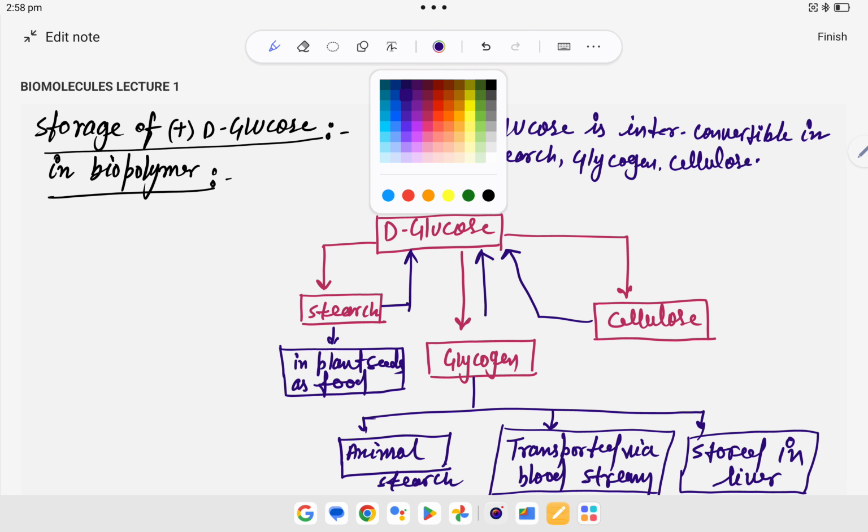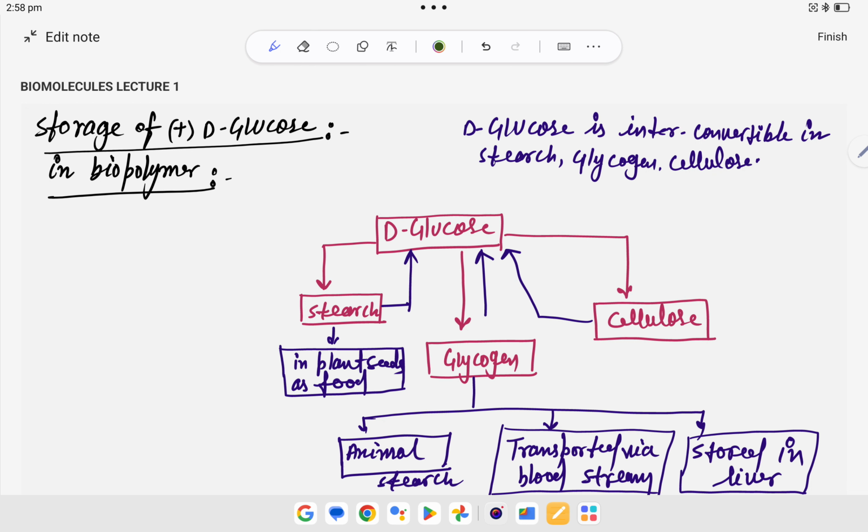Cellulose is the framework for the structure of the plant, the outer layer you can say of plants. Okay, so this is the basic information.